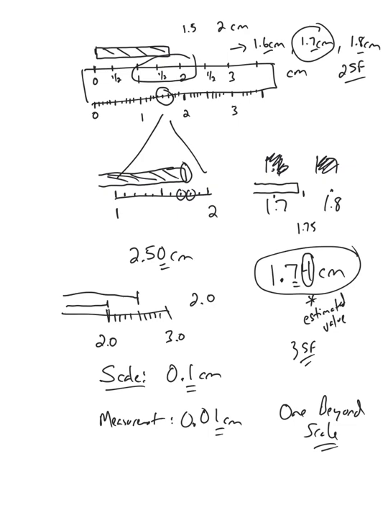Since it's right on the 2.0 line, I have to, again, put that extra 0 there, because that's my estimated digit. I'm assuming that that object ends right at the 2.0 line, and therefore it's 2.00, and that last 0 tells me it's right on the 2.0 line. So no matter what I use this ruler to measure, you'll notice that all my measurements are to the hundredths position, because I've gone one beyond the scale.